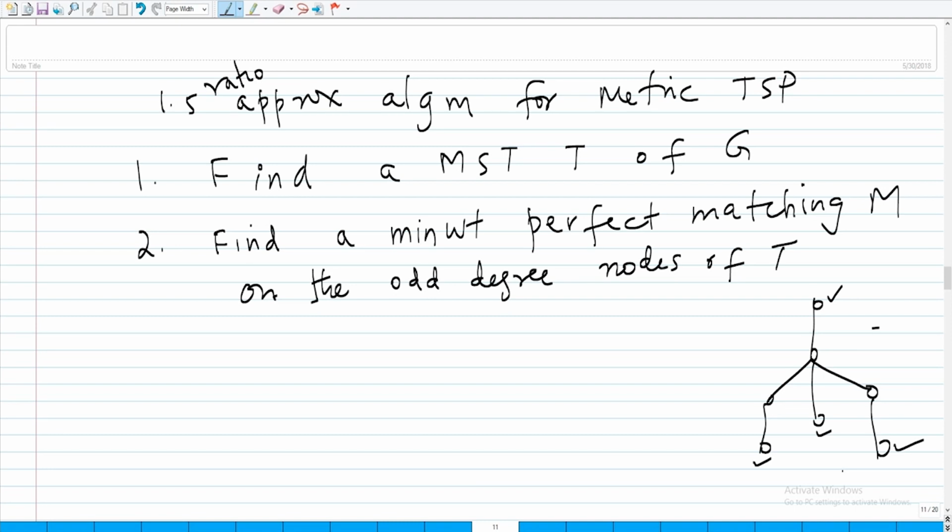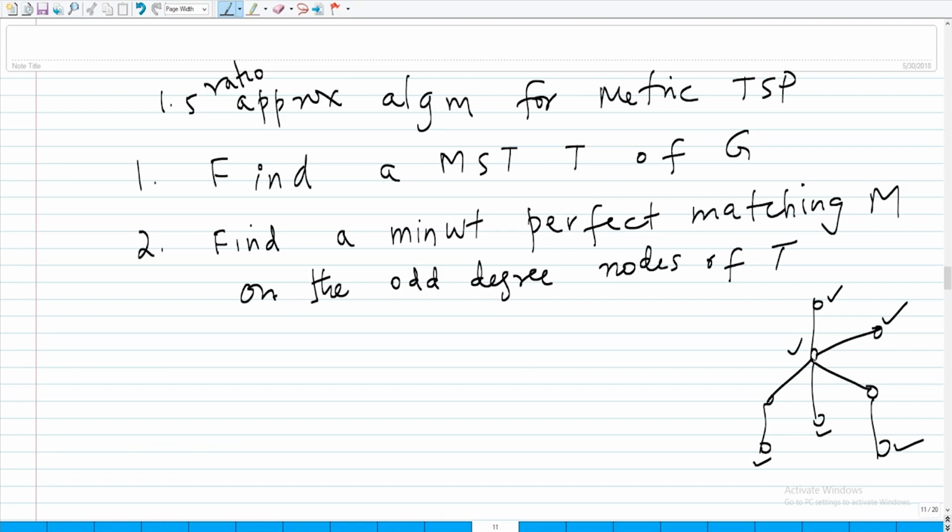In fact, in this tree itself I may have an edge, maybe let us say this is one more edge and this is odd degree, now this is also odd degree. So, this edge is also there. Now I go to my graph and look at the induced subgraph on the odd degree nodes. It is a complete graph, because the original graph is a complete graph. So, there will be a perfect matching.